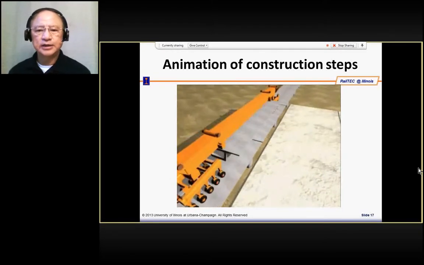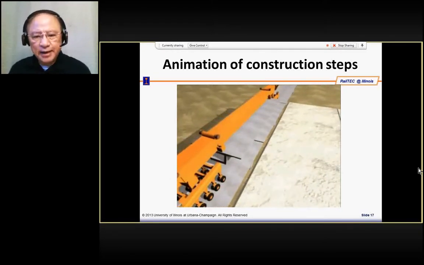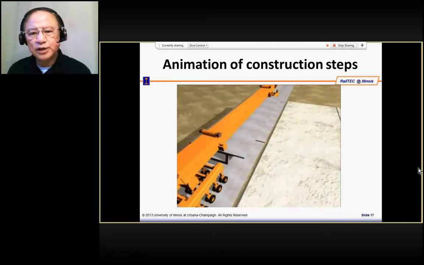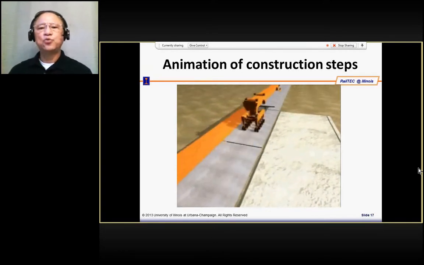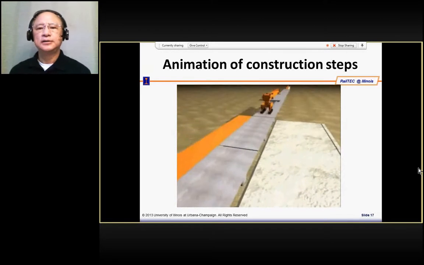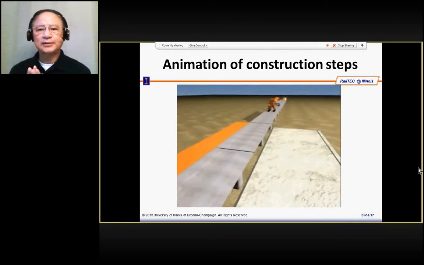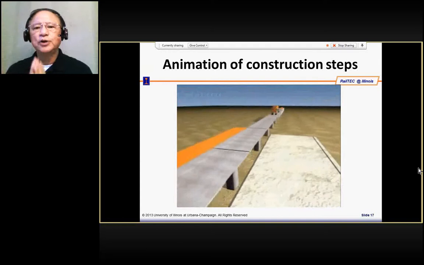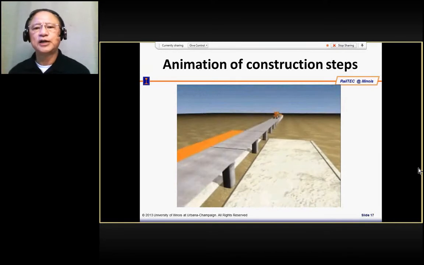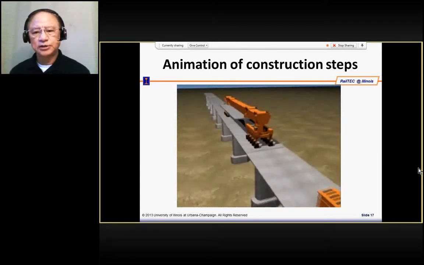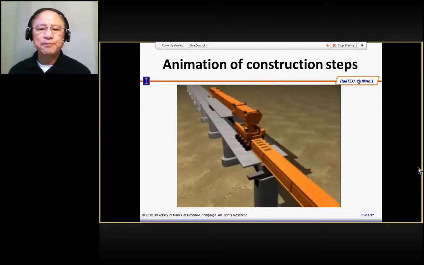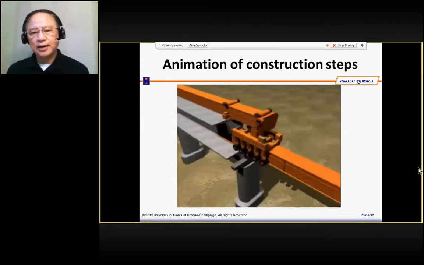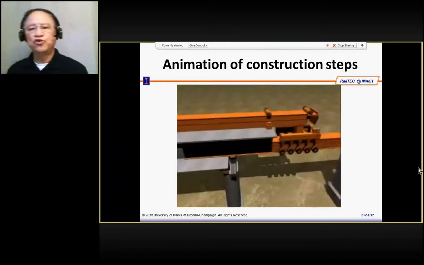Okay, so the girder is being picked up, and then it will be transported forward along the viaduct to the location where it has to be launched. At the end there is a temporary girder which allows the transporter to run over it.